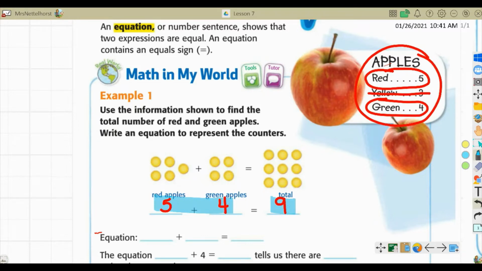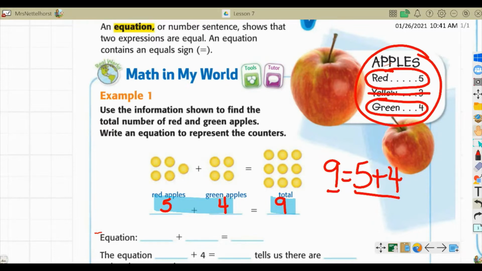That's what that equal sign means: this side is the same as this side. That is why you can write it different ways. You can write 9 is the same as 5 plus 4. It is not written backwards. It's just saying this side is the same as this side, and that is true.